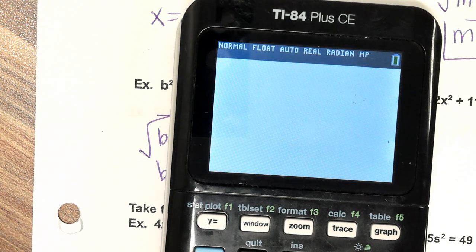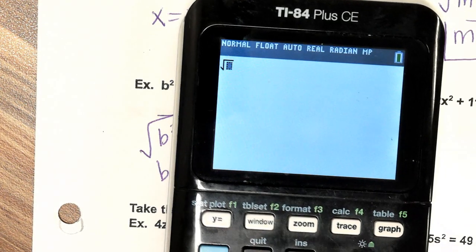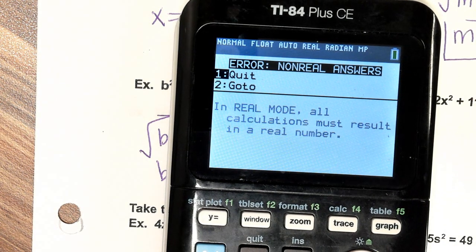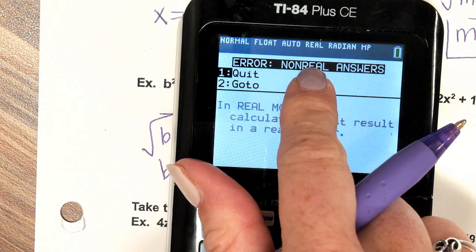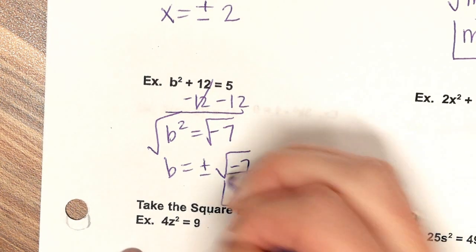Is anything times itself ever going to give you a negative value? No, the square root of negative 7 doesn't exist. It's not real. Think about it. Is anything times itself a negative value? No. What's the only way to get a negative value? Multiply opposites, right? But that doesn't make sense here. So this would never touch the x-axis. So what would my answer be? No solution.